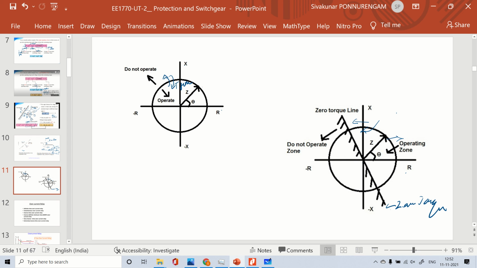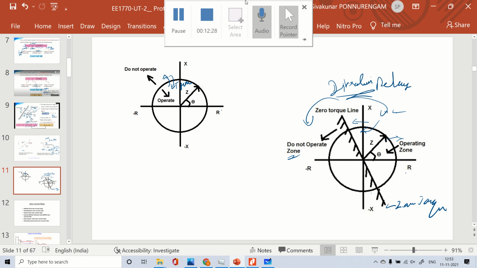Okay, so this is the point we have considered. So this is nothing but the direction, the directional relay quantity. This direction is not considered, only this direction is considered. This is the do-not-operate zone, and that is the operating zone. So this operation we see in the directional or current relay.